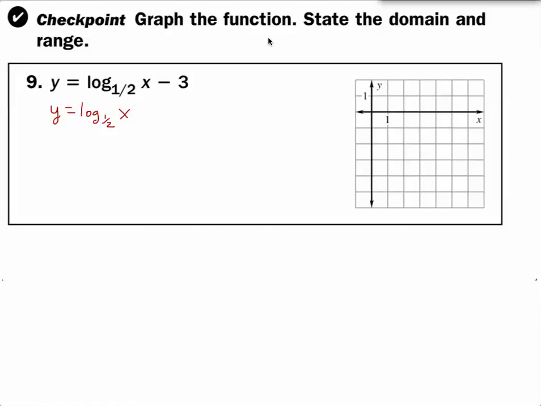So, recommended you start with y equals log base 1/2 of x, and that's going to help because you're going to have the point 1, 0. When x is 1, the y value is always 0. You're going to have the point 2, -1 because 1/2 to the negative 1 equals 2. And you're going to have the point 4 comma negative 2. So I'm going to plot those points.